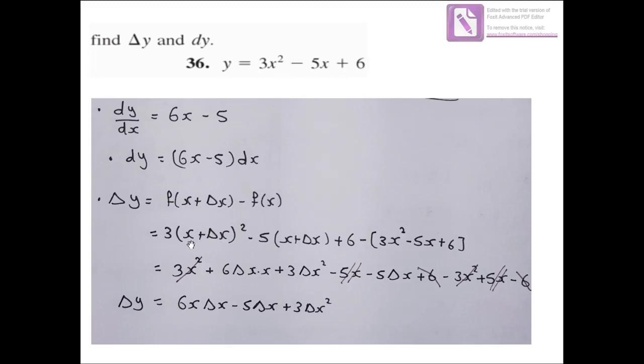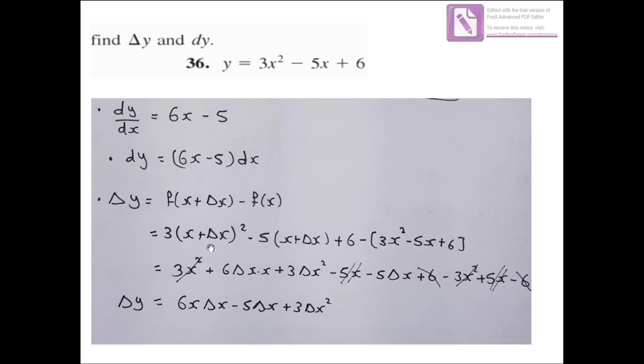So here we have 3 multiplied by x squared will be 3 times x plus delta x squared, minus 5 multiplied by x, it will be x plus delta x, plus 6. So all this will be f of x plus delta x, then minus f of x, which is the function 3x squared minus 5x plus 6. So now we need to simplify this.